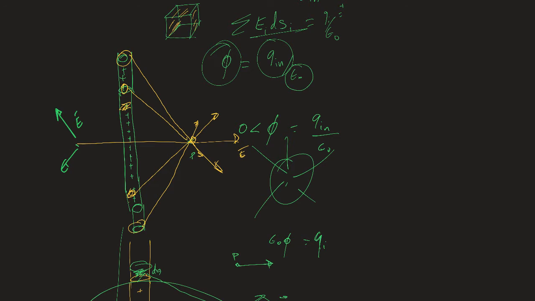The symmetry of the problem, the fact that there are so many charges up to this yellow line and down to this yellow line, makes me think that there are as many contributions in this direction as in this direction. So the sum will be in this direction. So I can think that the electrical field is always like this.